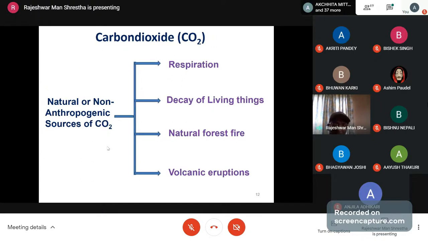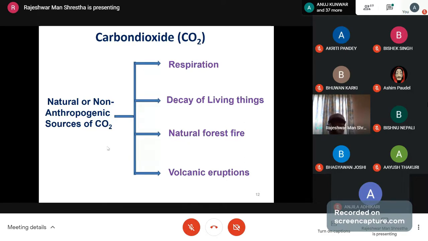And carbon dioxide is released into the atmosphere in two ways. First, natural or non-anthropogenic sources. When we respire, we release carbon dioxide and take in oxygen. Then the decay of plants and animals releases different types of gases that include carbon dioxide.